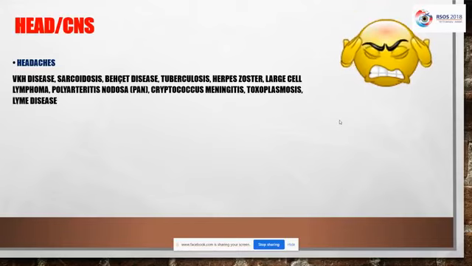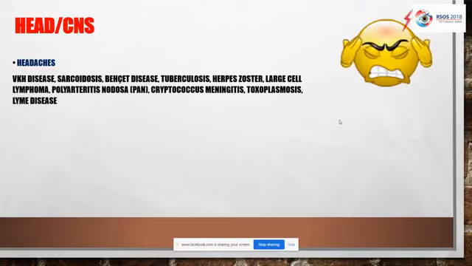So, for example, if you suspect Vogt-Koyanagi-Harada in a patient with headache, you need to ask about skin lesions, auditory symptoms, and other central nervous system symptoms. In those patients with sarcoidosis, you need to ask about chest condition and other granulomatous lesions in any part of the body. In those patients with Behçet, you need to ask about orogenital ulcers.